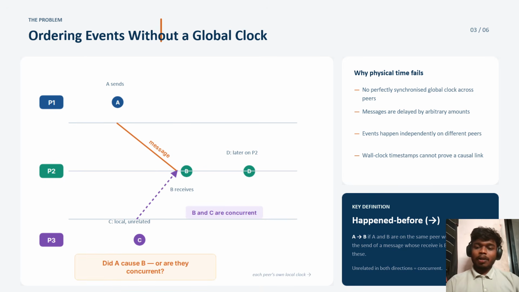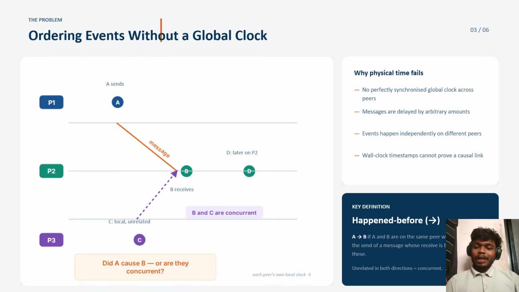The challenge: the ordering of distributed events. The fundamental problem in a P2P network is that there is no perfectly synchronized global clock. If peer one sends a message to peer two, network delay happens. How can we prove which event happened before the other? Wall clock timestamps are useless, because one computer's clock might be milliseconds ahead of another's. That's the main problem in P2P.